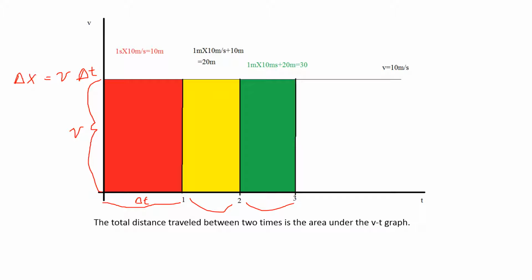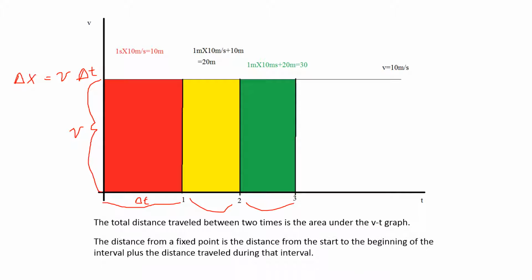So the total distance traveled since the beginning, however you choose to define that, and that is a choice, is the distance traveled during an interval plus how much distance has been traveled before. So in each of these intervals, the distance traveled is 10 meters.